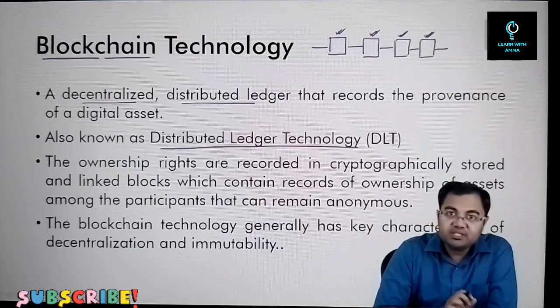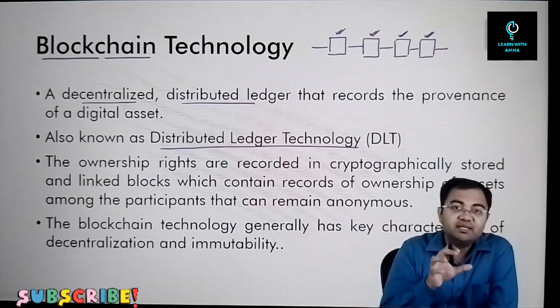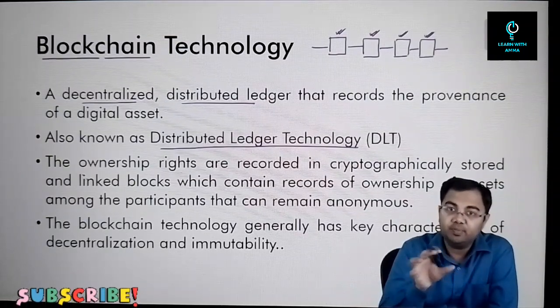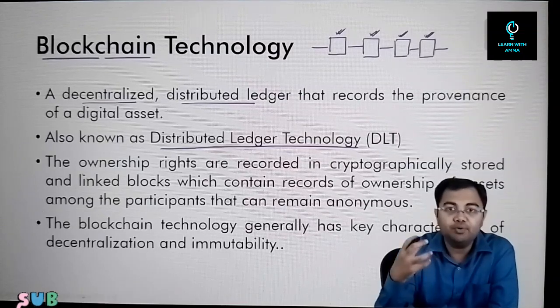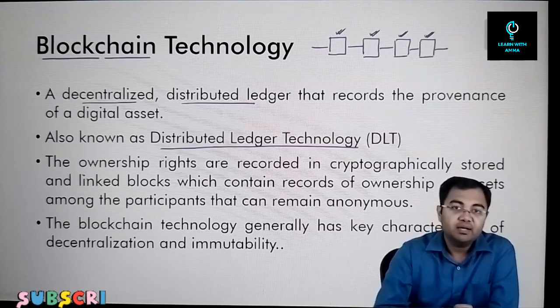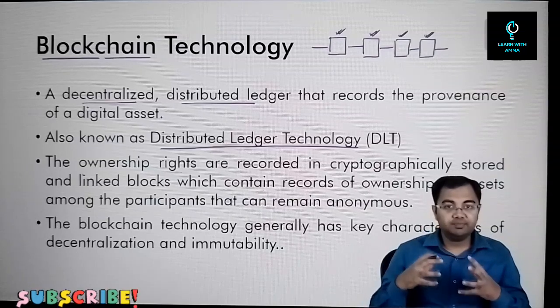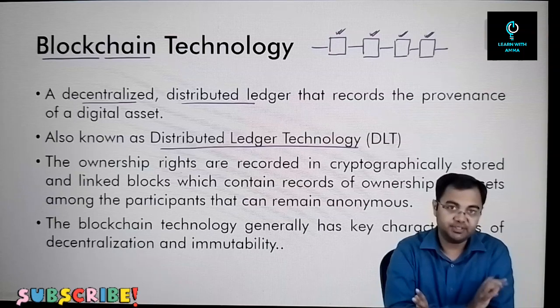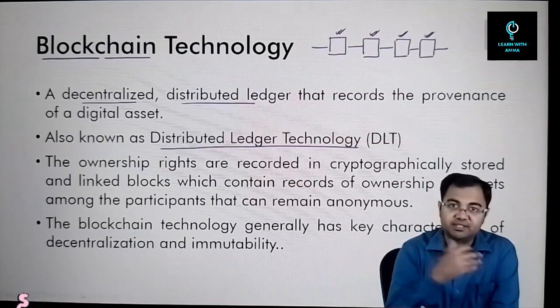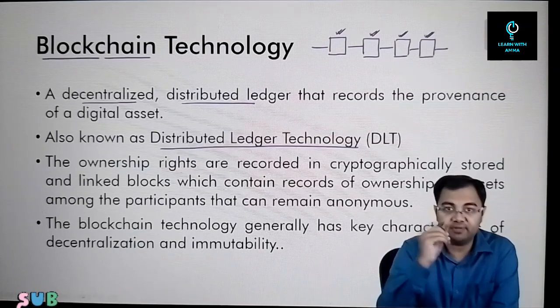Now, what happens in blockchain is that, let's say there is a transaction that needs to happen between two people. Let's say I have to pay a certain amount of money to another person. First of all, I will go to the system and initiate the transaction. Suppose I had to pay rupees 5,000.